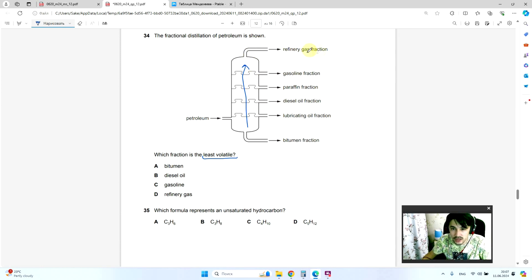Refinery gas contains mostly 1 carbon to 4 carbon atoms in hydrocarbons, so this goes first, and this is the most volatile fraction, and the least volatile fraction is right at the bottom. So bitumen is the least volatile.